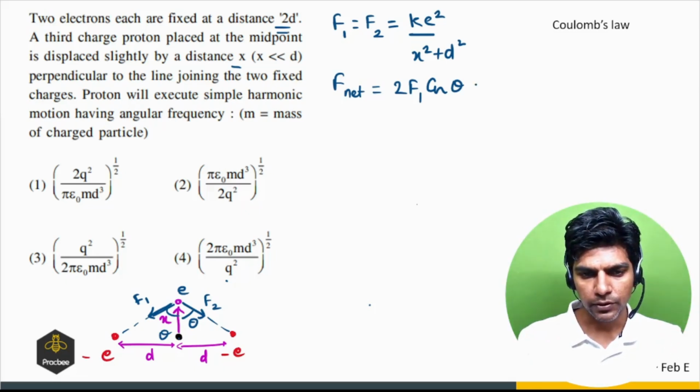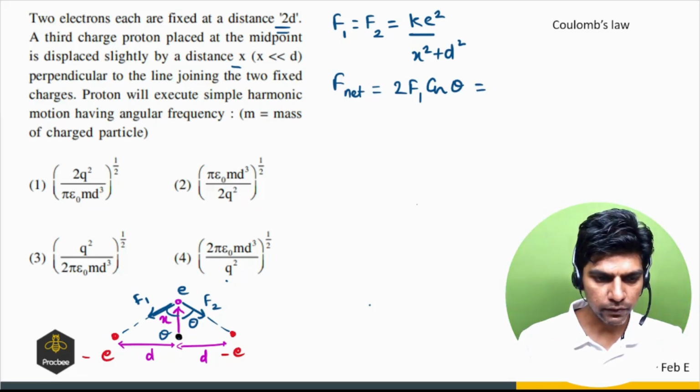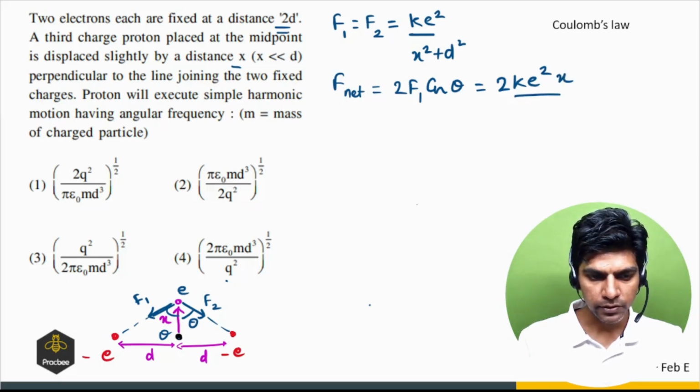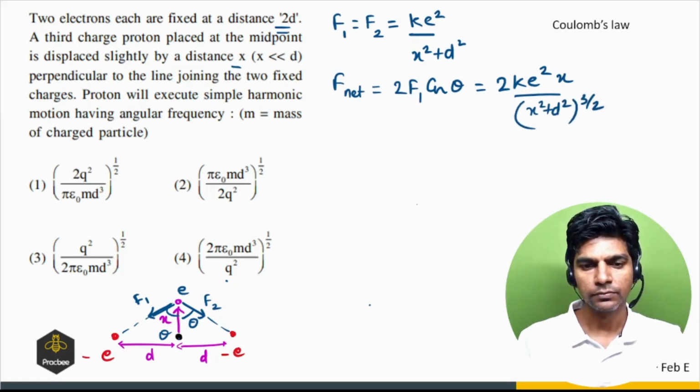So let us put the value, and cos theta by trigonometry will be base upon hypotenuse. Base in this case will be x, and the hypotenuse is root of x square plus d square. So let us put the values. So 2 k e square, and cos theta is x upon x square plus d square raised to power 3 by 2.